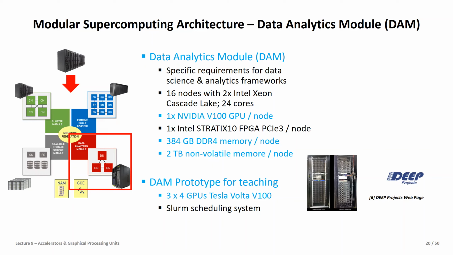Of course, there is a relatively low number of GPUs available because it's not considered for large scaling like the extreme scale booster. Here the idea is rather supporting large memory, for instance, also analytics stacks like Apache Spark, elements we do in the cloud course, for example.